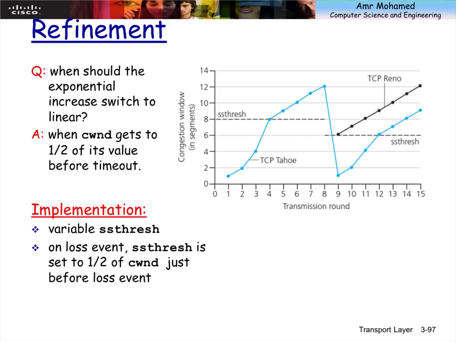To understand this well, keep in mind that the x-axis represents the RTT, the full round trip, and the y-axis represents the congestion window.